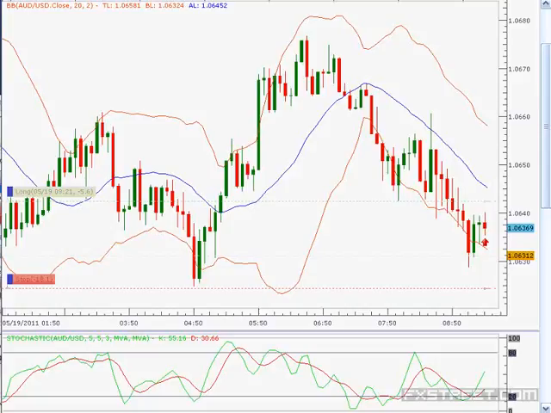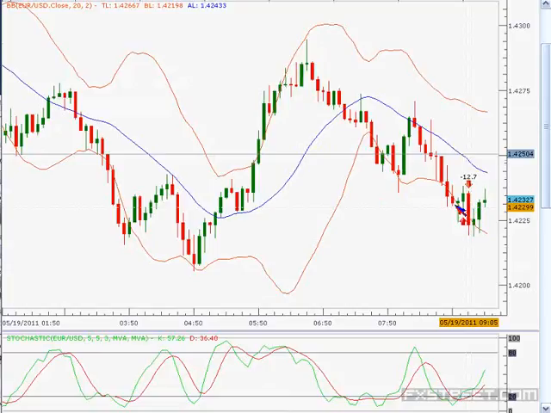Now, I had seen that you had gotten long Euro USD. Let's just go back to your trade here. You got into Euro USD about 15 minutes before I did on that initial candle. All right, so it looked like maybe you were playing off the 142.40 support area. Now I'm not sure where your stop is. Perhaps it's down even lower, down at, say, the 142 area, which would be a pretty good place for support.